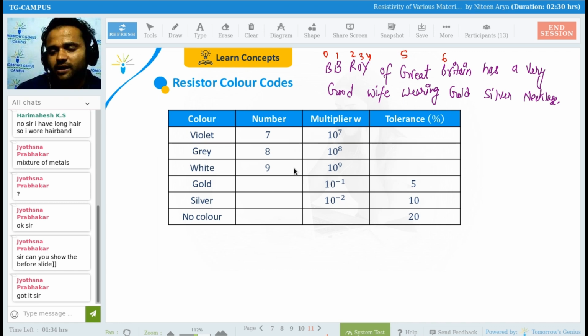Skip the next letters. Seven for violet, then G for gray, 8, then 9 for white, and wearing you need to skip. Then gold is 5% tolerance, then silver 10% tolerance, then none is 20% tolerance.